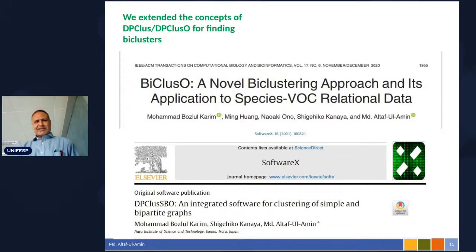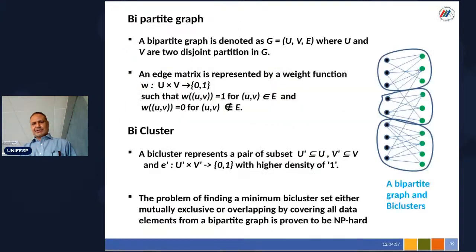So we extended the concept of DP-class to apply to bipartite graphs, and we published this work in IEEE Transactions in 2020. For DP-class or BiClass O, we have also developed a tool called DP-class SBO, and we published it in Software X. So you can get this tool from the same source.